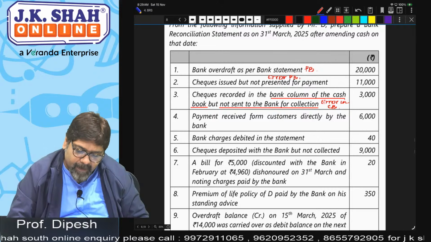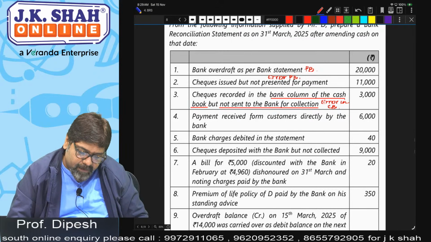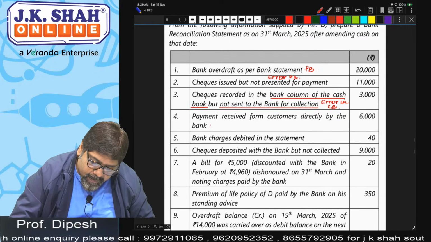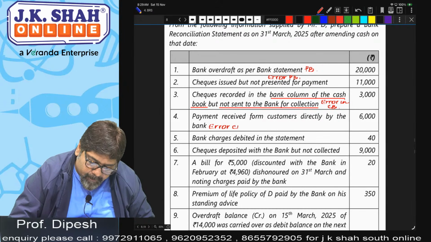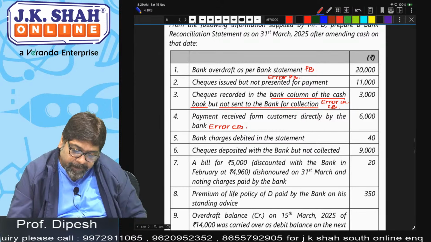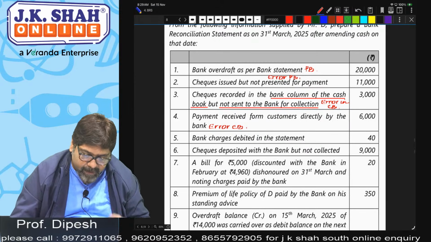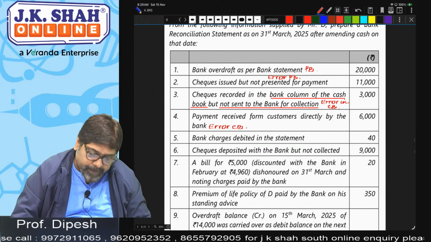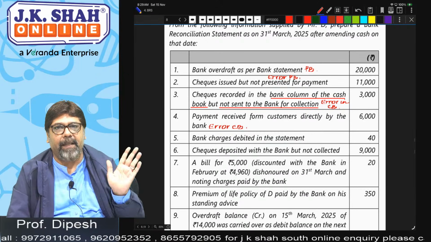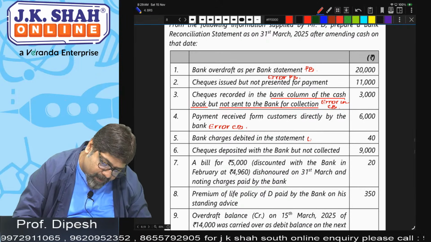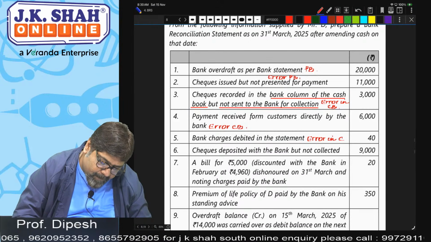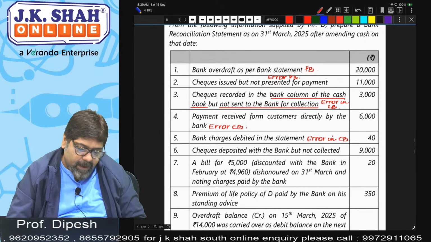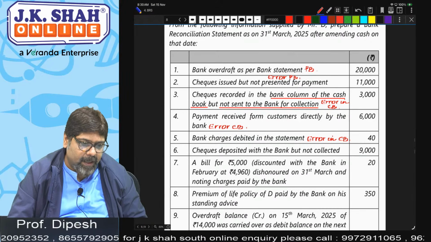Yes or no? Yes. Payment received from customers directly by the bank. This is also an error in the cash book. Bank charges debited in the statement: it is recorded in the passbook, not recorded in the cash book. Error in the cash book.